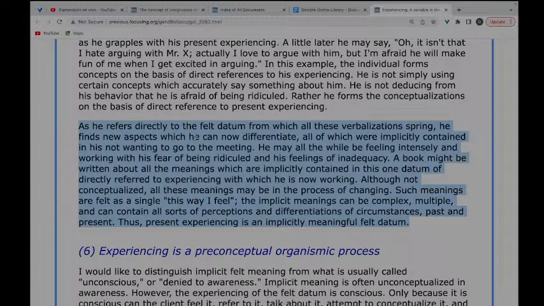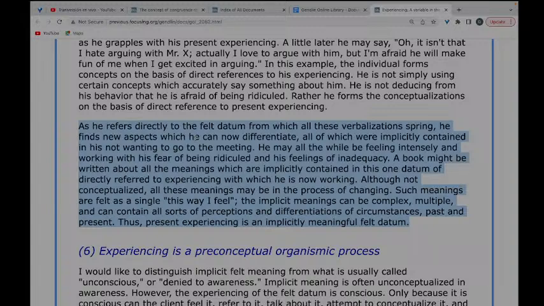A book might be written about all the meanings which are implicitly contained in this one felt datum of directly referred to experiencing with which he is now working. Although not conceptualized, all these meanings may be in the process of changing.